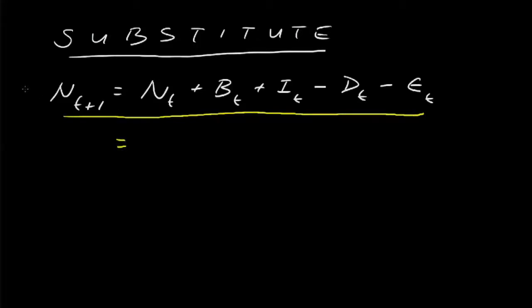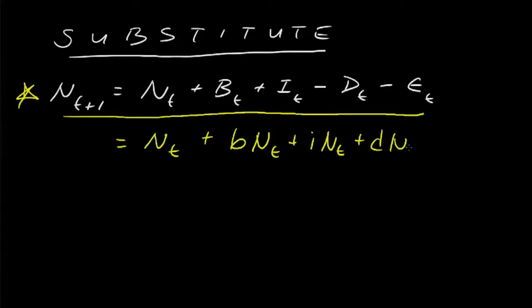This is our basic population growth model that we introduced earlier. And that gives us, of course, the number of individuals in our population, plus now I'm going to substitute in our rates from the previous slide, times NT, plus I times NT, minus deaths times NT.